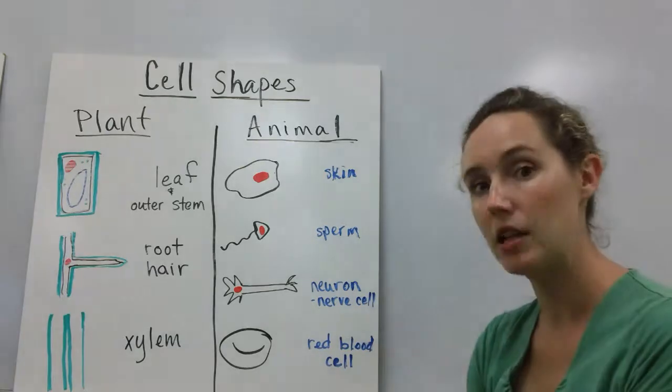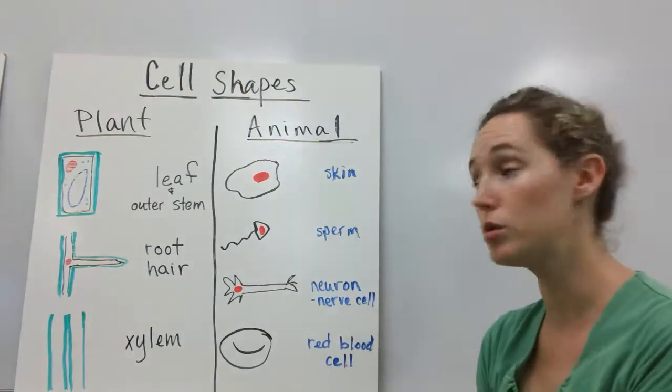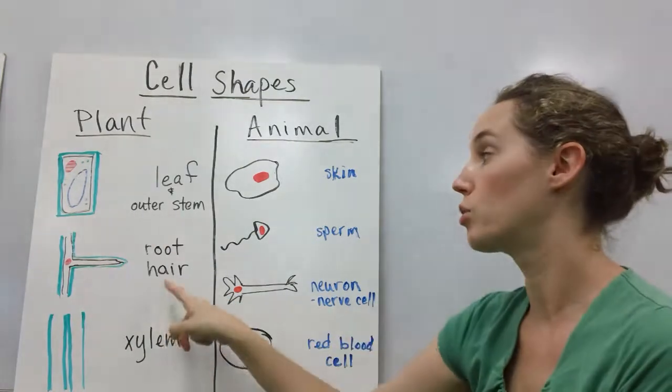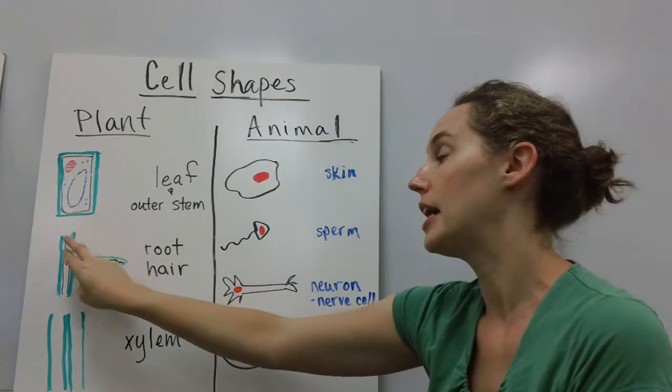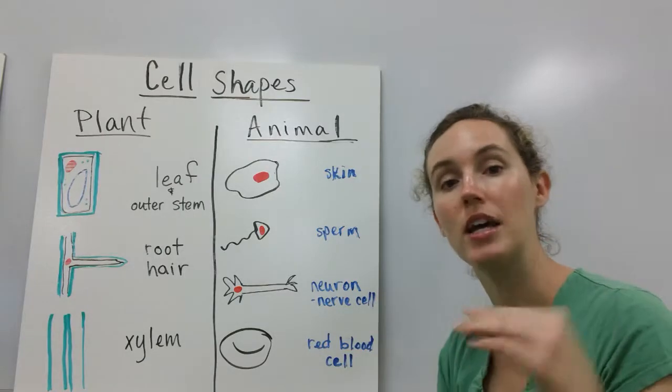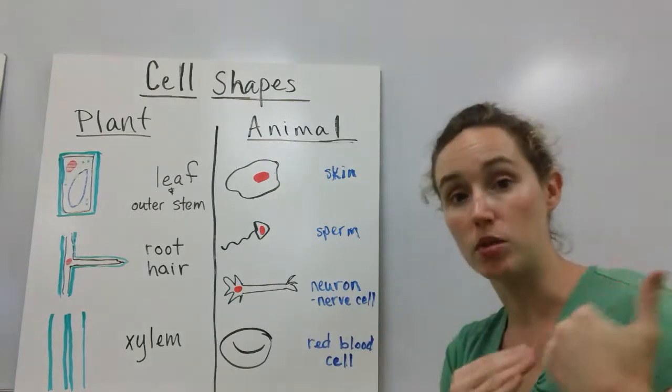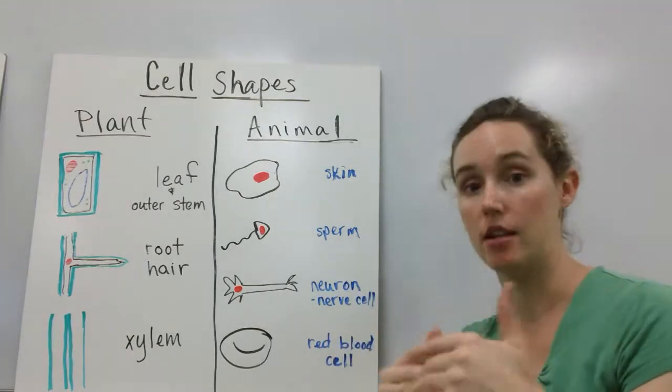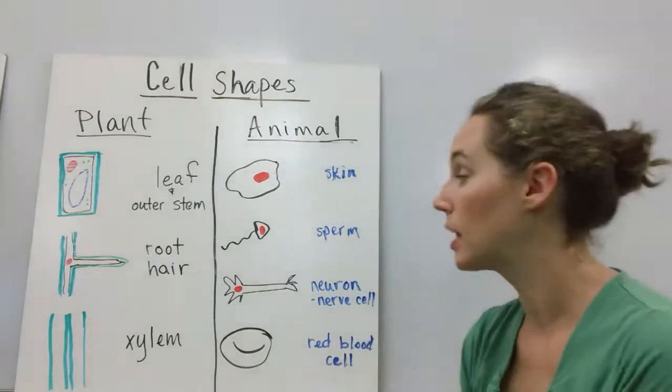Farther down in our plant, down at the roots, you have these cells called root hair cells, and they are long and skinny, but they have these protrusions that come off, and that's where it's going to be able to absorb water and other nutrients from the soil.